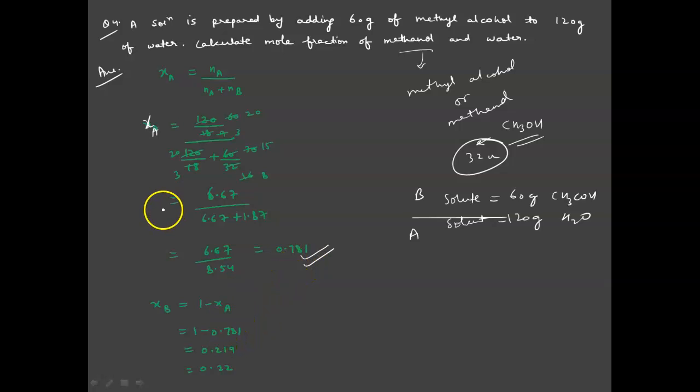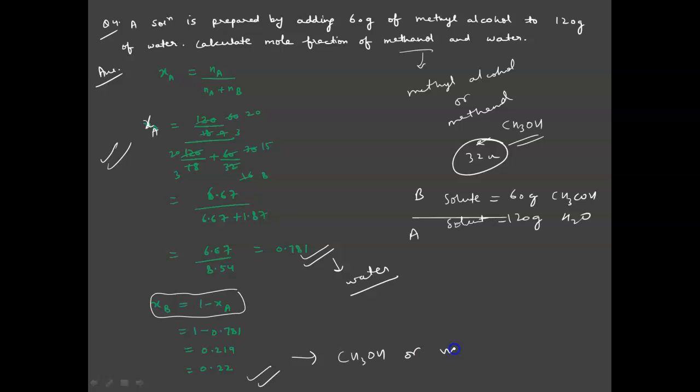This is the mole fraction of water. A. This is water. For B, 1 minus chi A. Using this formula, you can use this formula again, but it is so time consuming, so we will take a smart approach. Chi B equal to 1 minus chi A. 1 minus 0.781 comes 0.22. This is CH3OH or methanol or methyl alcohol.